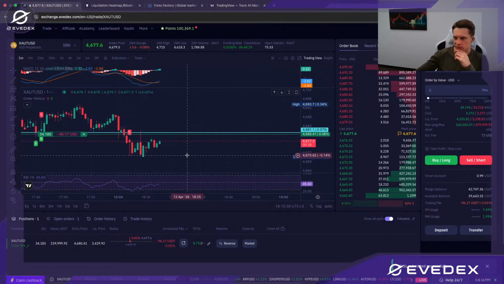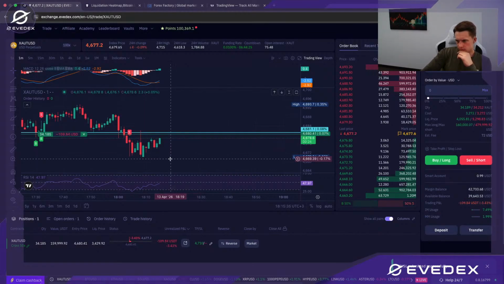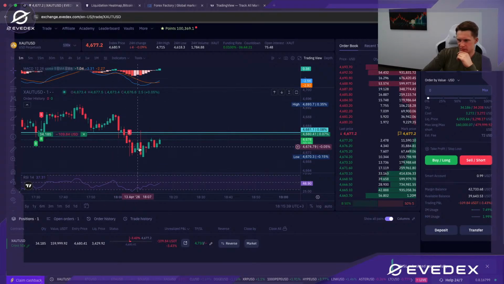But it seems we do have a reversal on the way. You can see our price movement has slowed down here.